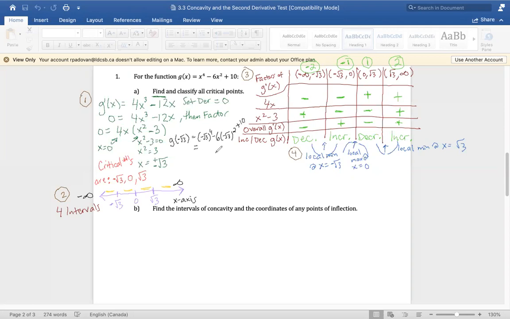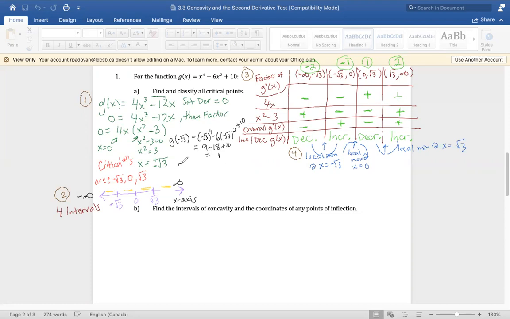Negative square root of 3 times negative square root of 3 is 3. If you put negative square root of 3 to the power 4 in your calculator, you should get 9. And then squared would be 3. So 3 times negative 6 is negative 18. And then plus 10, you end up with a value of positive 1 there.